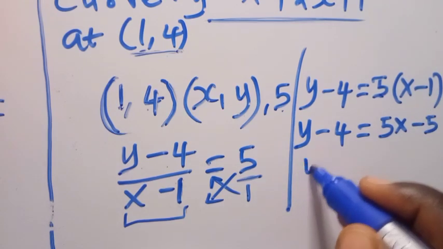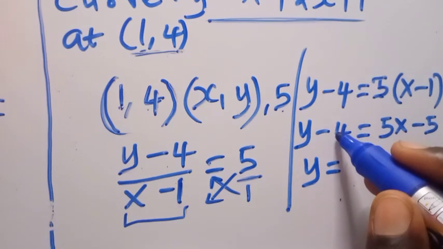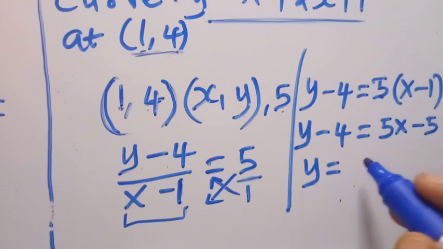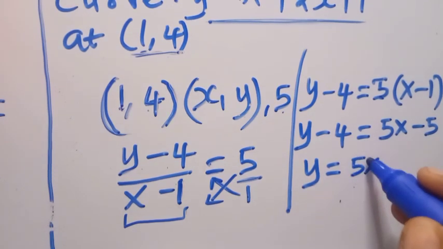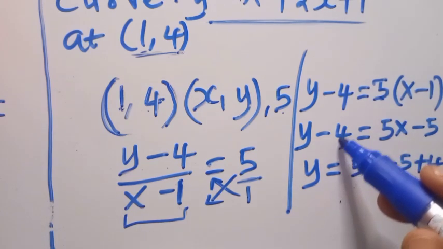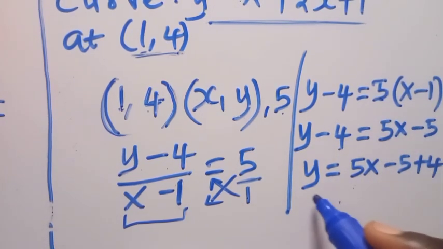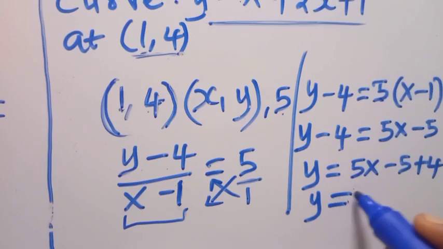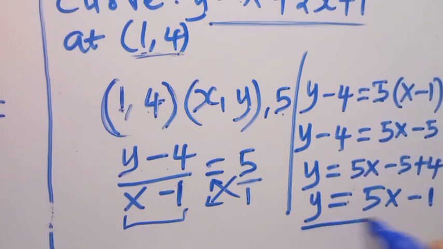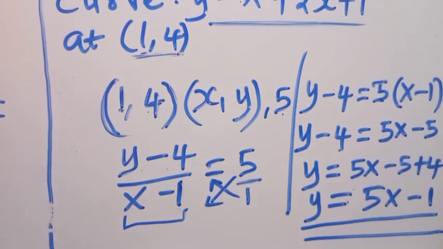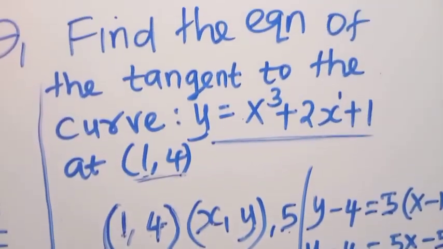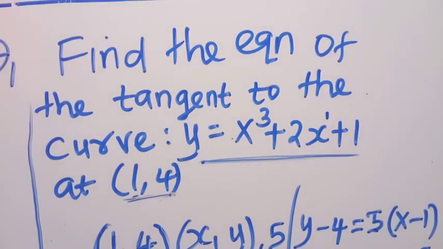Therefore y equals 5x minus 5, then plus 4, because the negative 4 becomes positive when it crosses the equal sign. And therefore y equals 5x minus 1. That is the equation of the tangent to this curve.